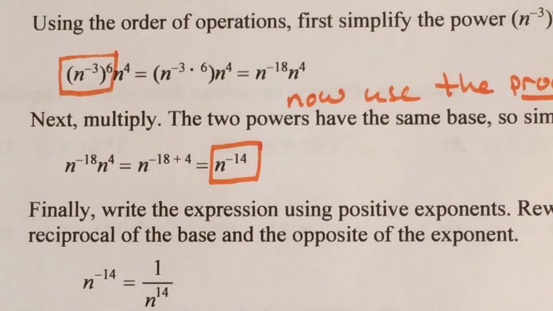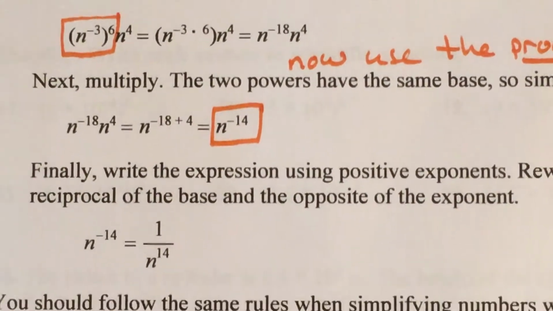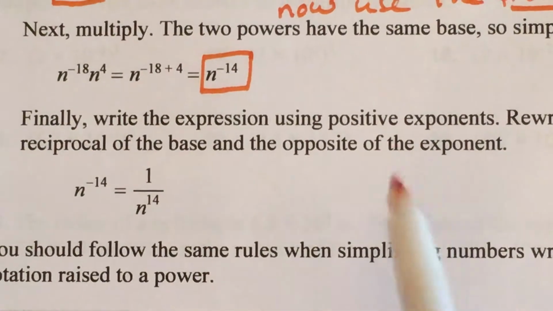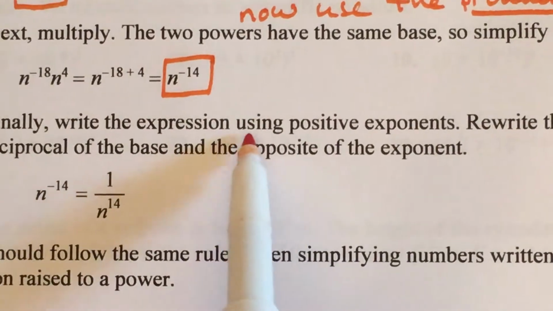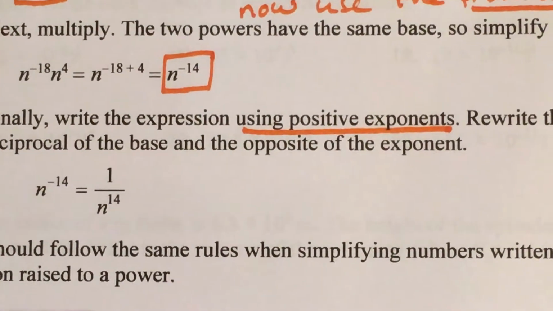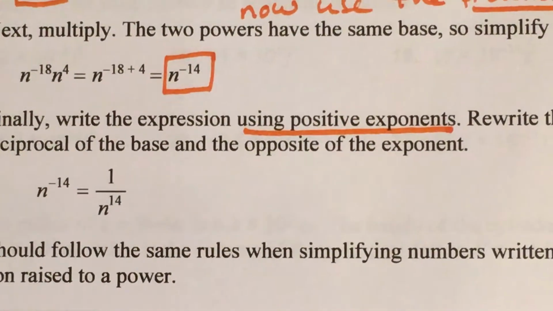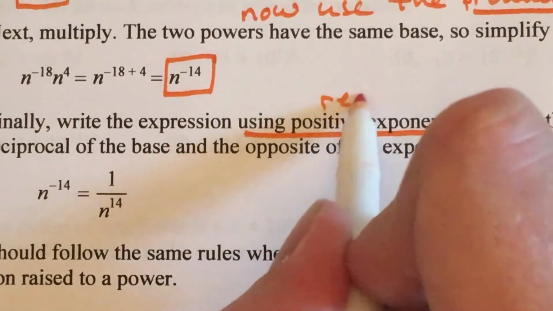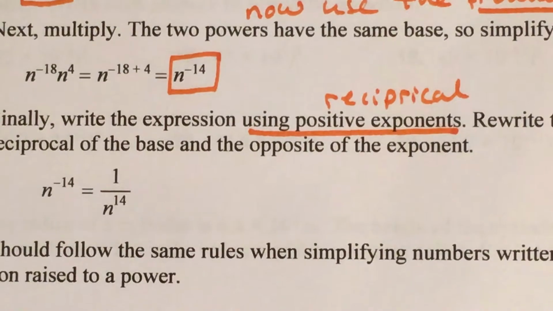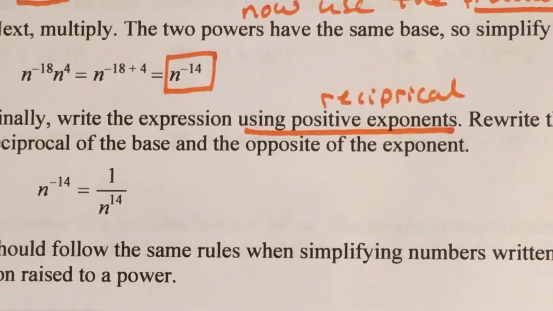Now, if your instructions say, that's great, but I want you to make sure that you write this using all positive exponents, this is where we use our reciprocal. And we did this, I think, 2 days ago.